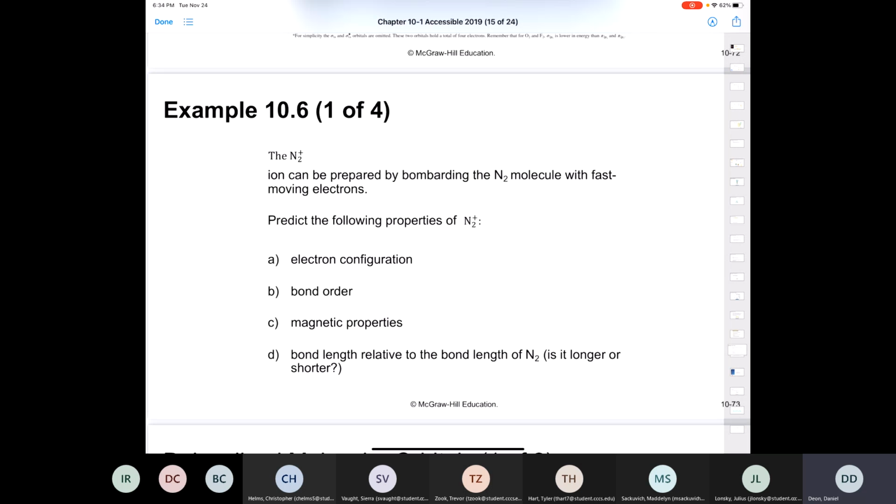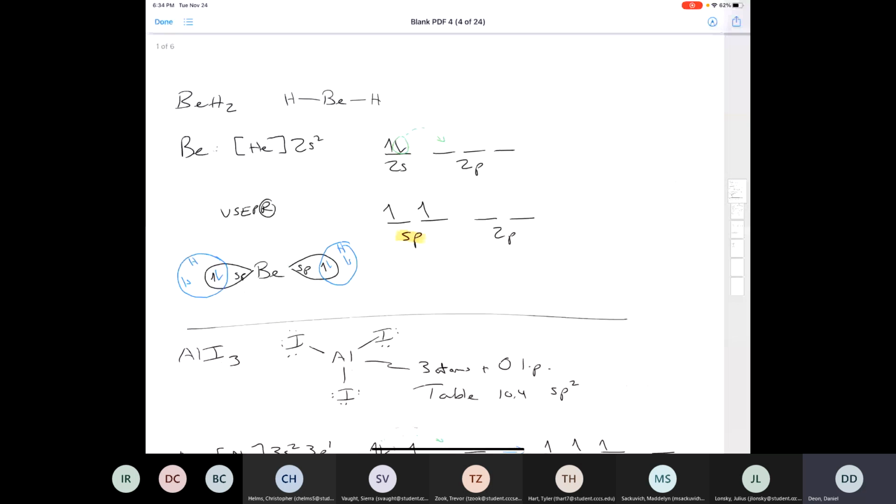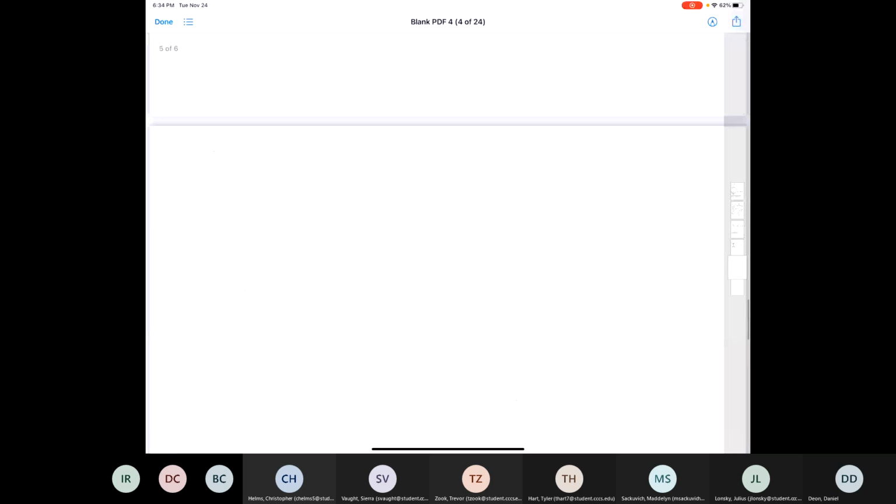Well, in the interest of saving myself time, I'm just going to draw the molecular orbital diagram out, which might take a second. So I'm going to reproduce in my own handwriting the molecular orbital diagram for Li2 to N2.